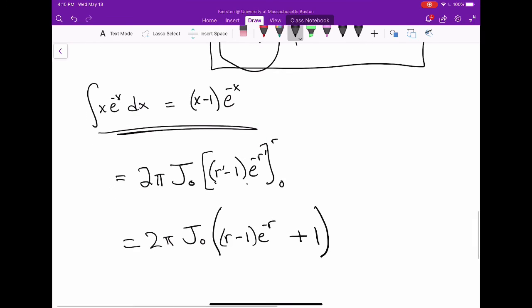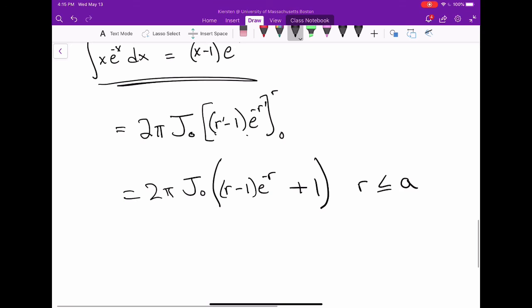This is true for r less than or equal to a. Once we get up to r equals a, then, for r greater than a, J is equal to 0.